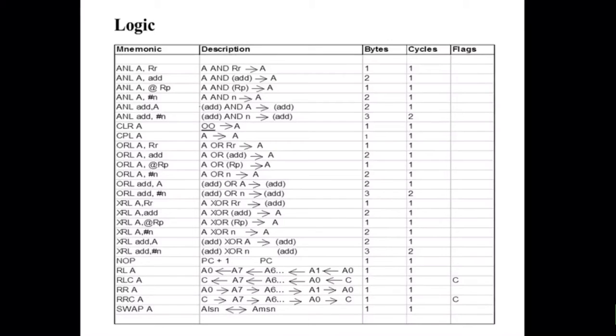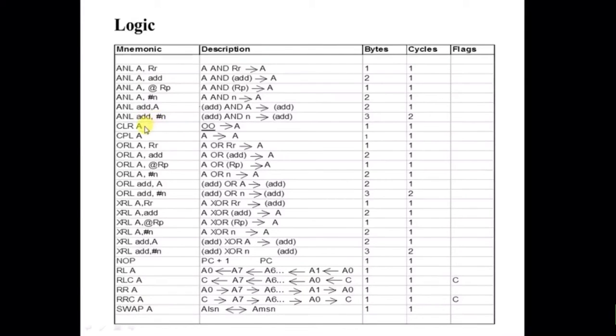Here add means the RAM memory address location, 00 to 7FH. And ANL add, #n allows a constant 8-bit value with the address location value.